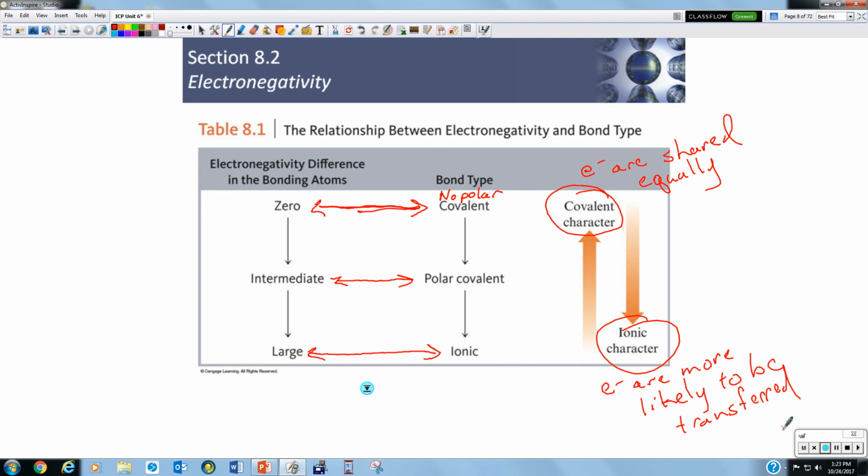There will be questions about ionic character, and they may give you two nonpolar compounds and ask which one has the highest ionic character.